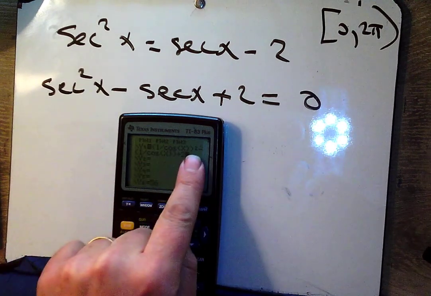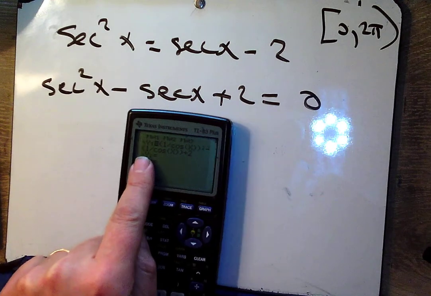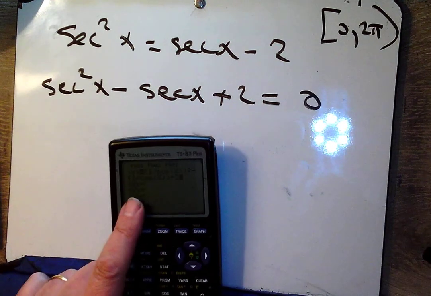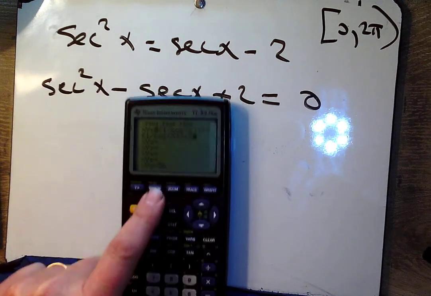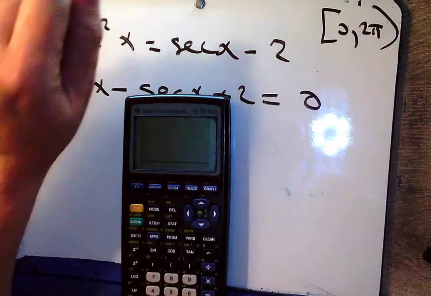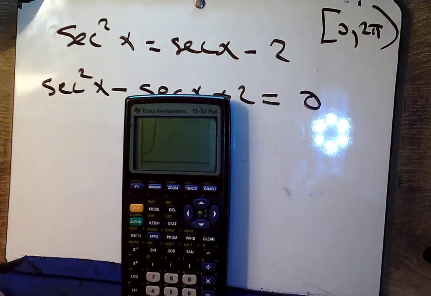So there's our secant squared. And then we have minus secant and plus 2. Okay, graph. There's our graph.